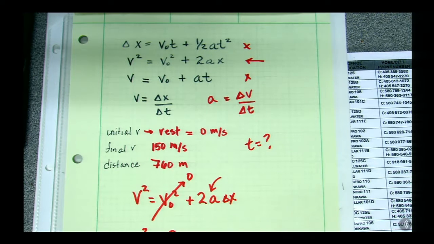I get v squared divided by 2 times the distance is going to give me my acceleration. And in this case, it gives me 150 meters per second squared divided by 2 times 760 meters. I'm going to end up in meters per second squared, which is what I want.